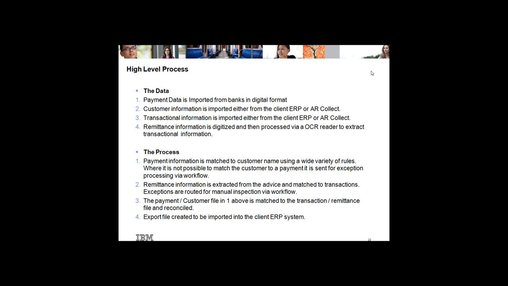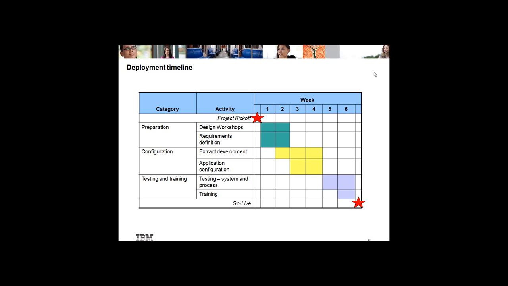In terms of the timeline for deploying AutoRec, we found it to be very, very quick. Think of it in three separate segments, each of them basically two weeks. A period of preparation involving design workshops and defining requirements; configuration, defining what the extracts are going to look like from the different data sources and configuring the application; and then testing and training.